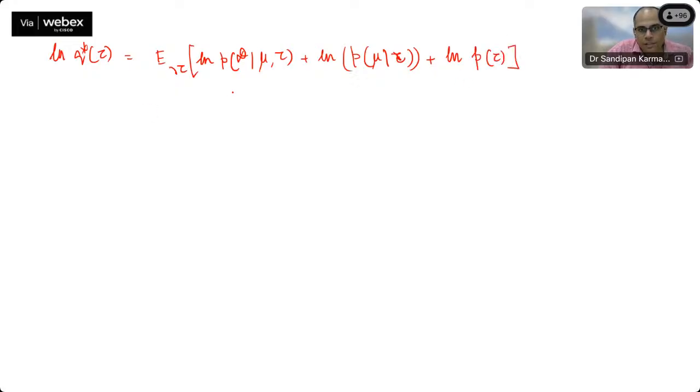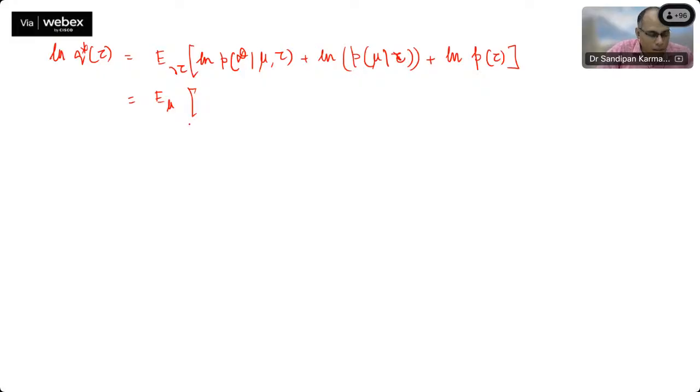In the first step, I am not going to ignore any distribution, because all are dependent upon tau, so we cannot remove them. The expectation will be in terms of mu: since mu and tau are the two parameters, taking the expectation over everything except tau leaves only mu.